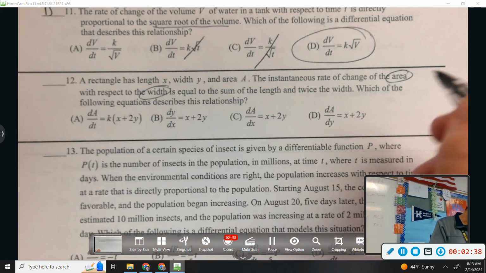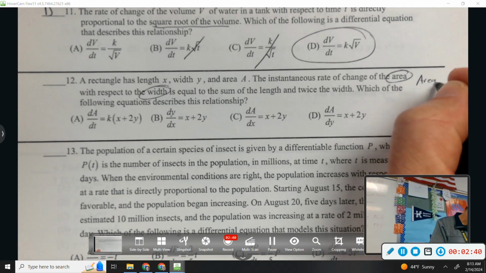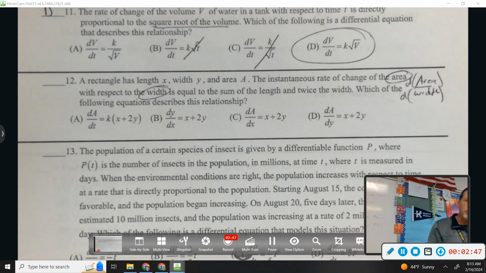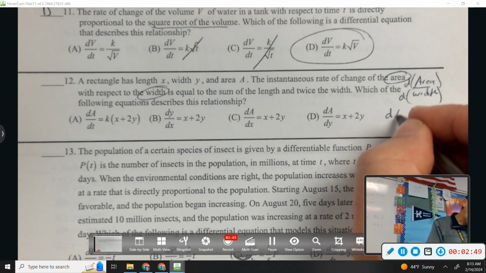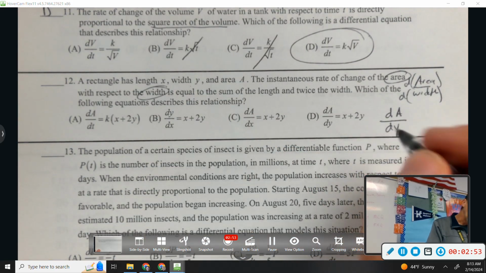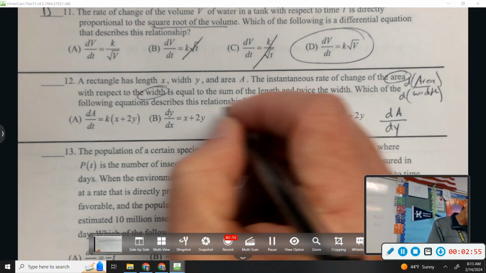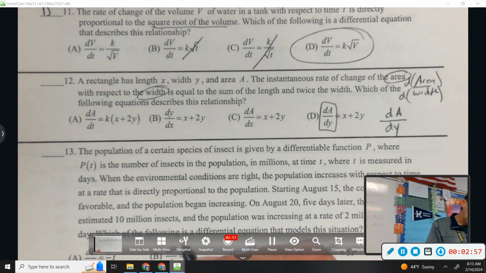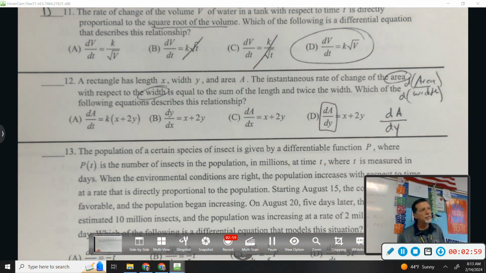Area with respect to the width. And those are changing, so change in area over change in width. Area is A, width is y, so whatever it is, it needs to be dA/dy equals something. In fact, there's my answer.